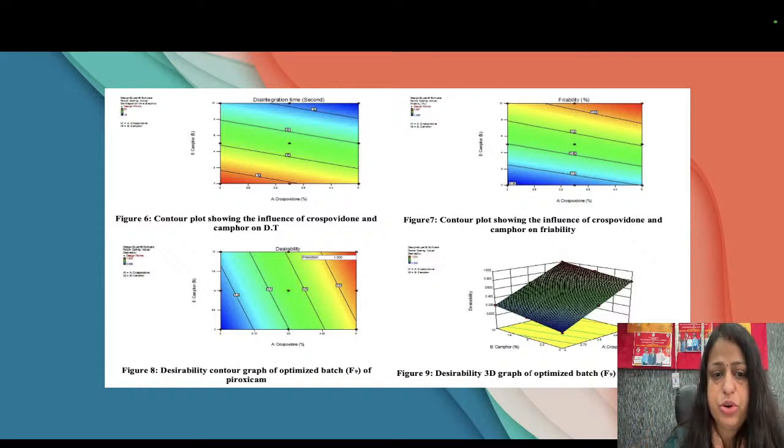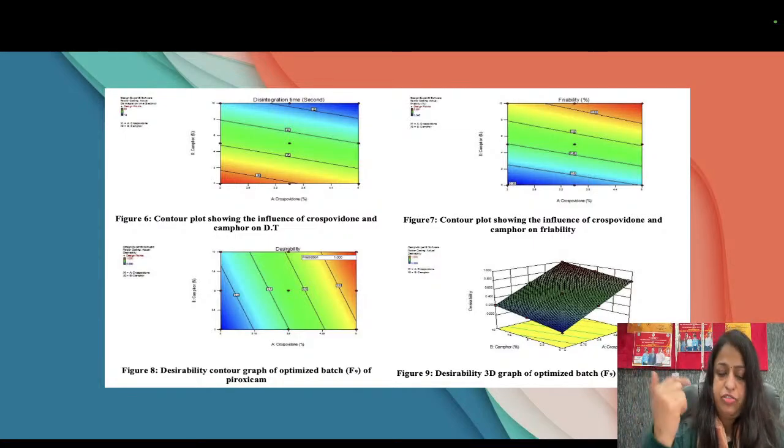The third graph will be showing the desirability. So if we take 110 milligram of this and 20 milligram of the camphor, then we will get the formula whose desirability will be 1. In this case the F9 batch was having the similar composition which was given by the factorial design.